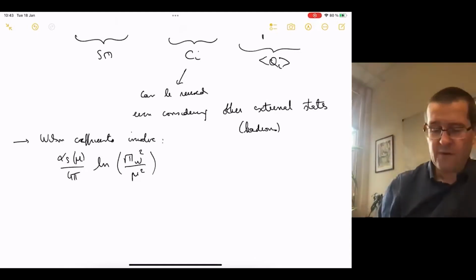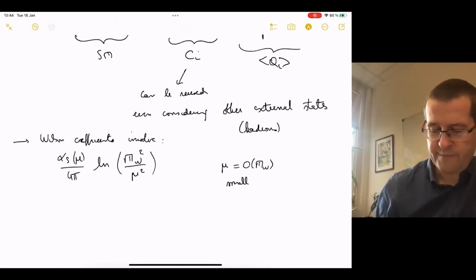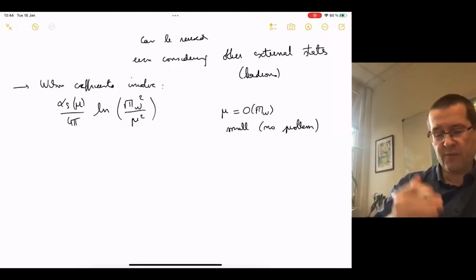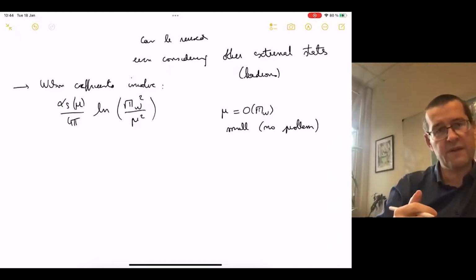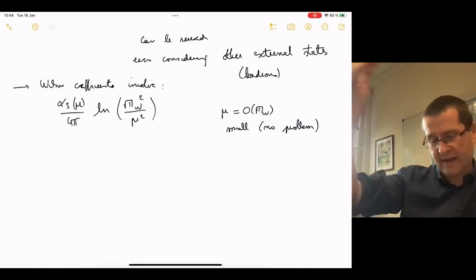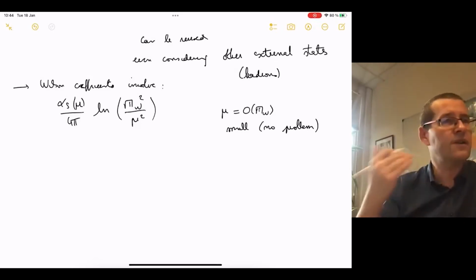If you have mu of the order of MW, it's small, so no problem. But then the question is that in the end, what you want to do is to have this separation between high and low scale, certainly not at the level of the electroweak scale, but down to the typical scale of your quark masses of interest.